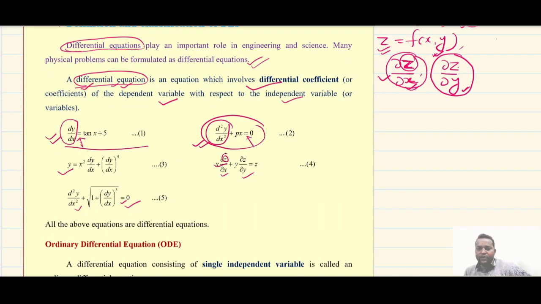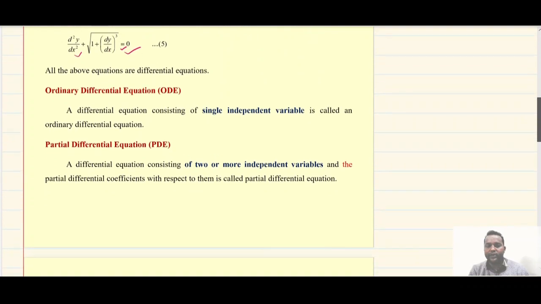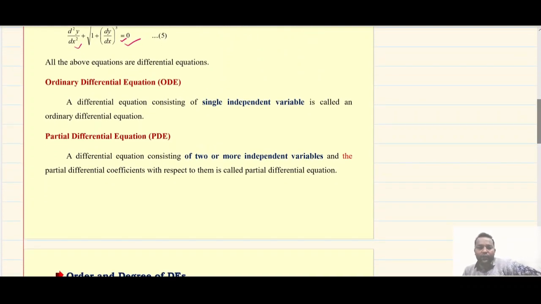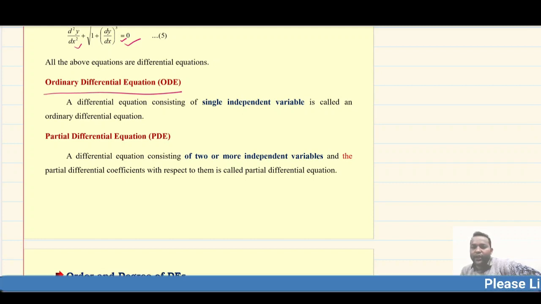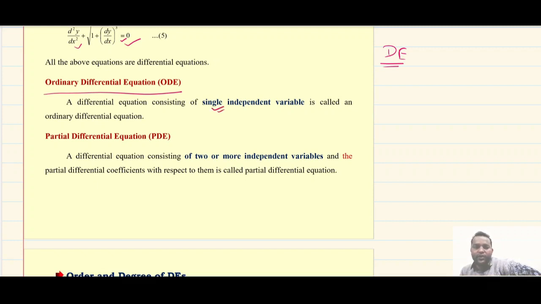Now, classification of differential equations. A differential equation can be classified mainly into two categories according to the derivative involved. An ordinary differential equation is a differential equation in which ordinary differential coefficients are involved, or equivalently, a differential equation is said to be an ordinary differential equation if it involves a single independent variable.